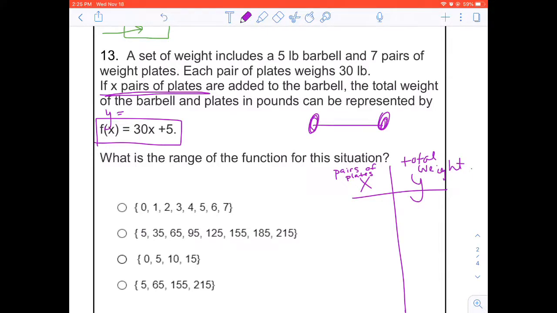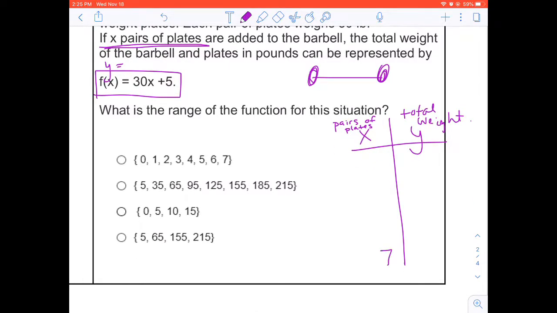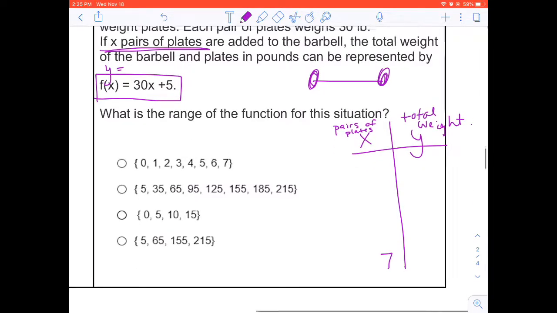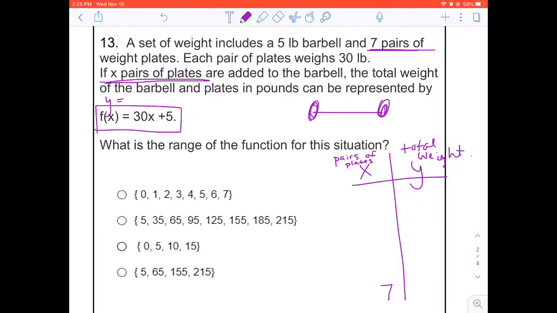All right, so now what it's starting to say is that we have 7 pairs of plates. So it's going to end up going all the way up to a 7. And it's saying the barbell by itself, which is just the bar, is 5 pounds. Now, I'm not going to put any other numbers in there because I want to actually go type it in and show you what happens.